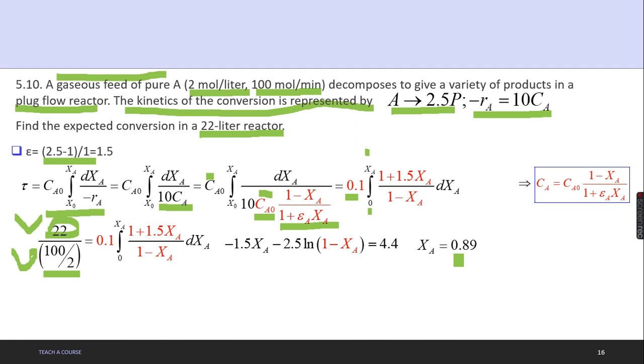In this case, if it is not like that, then ln 1 minus XA can have an expression which is simplified also. We will discuss it later on, not exactly in this case, but it can be solved if you know.